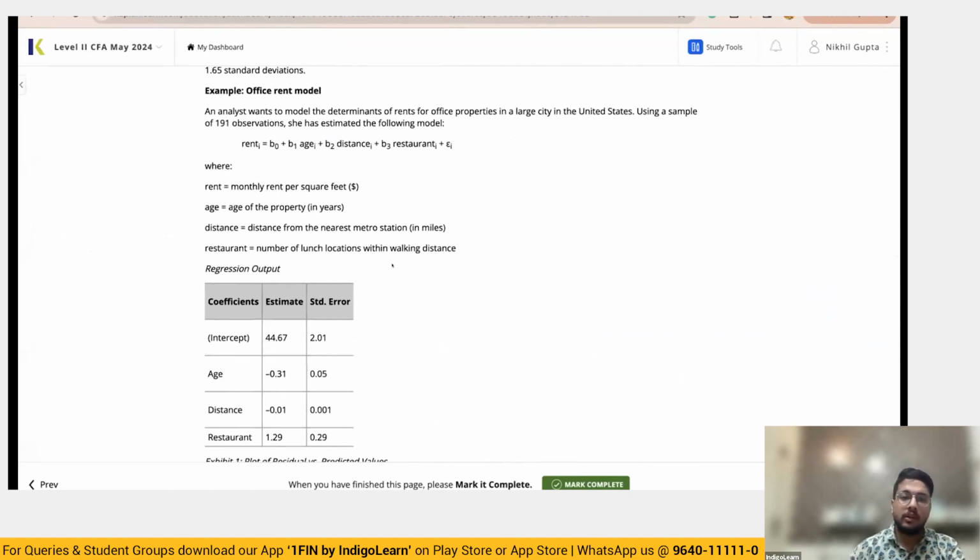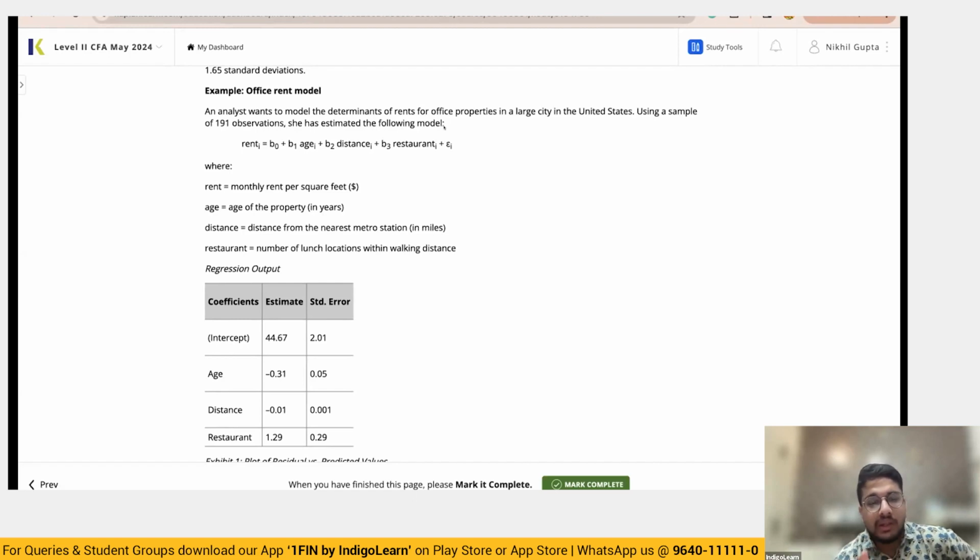So the analyst is basically trying to determine the rent for office properties in a large city in the US, right? And there's a sample of 191 observations. So what do you think? Is it a big sample size or a small sample size? Relatively big, because it's obviously more than 30. As per the statistical knowledge that we have, more than 30 is a good sample size, right?